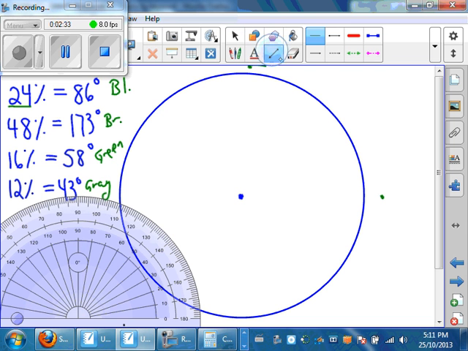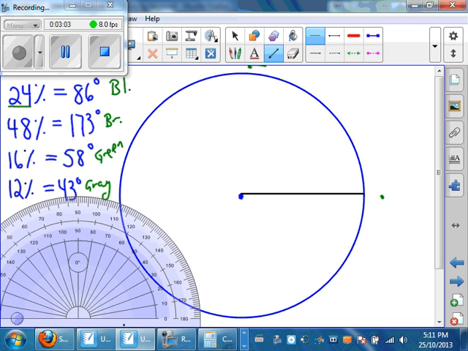I'm going to start right here at my center point, and create a straight line that goes out to where our base was, right about there.